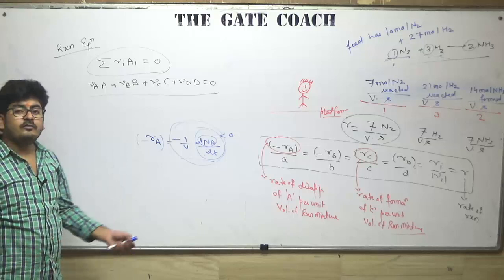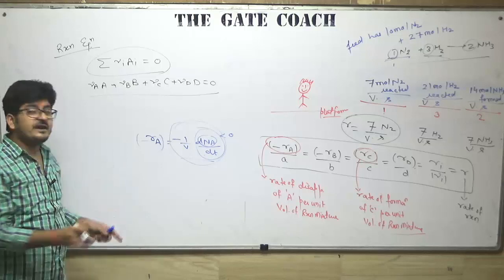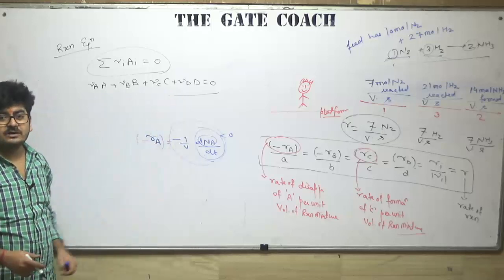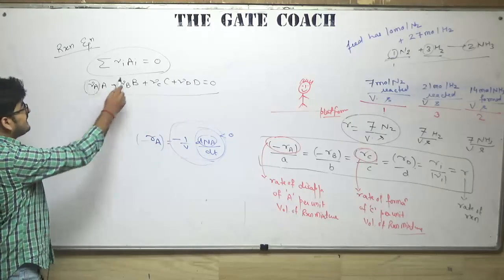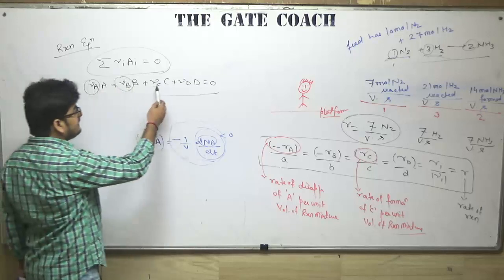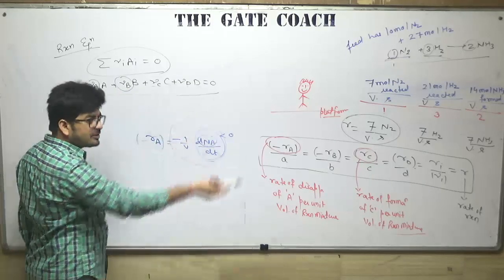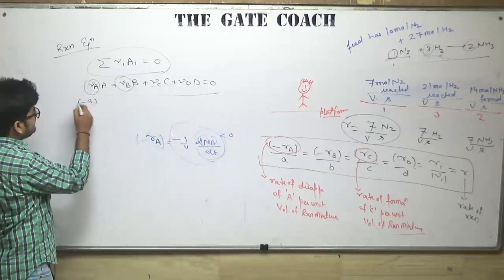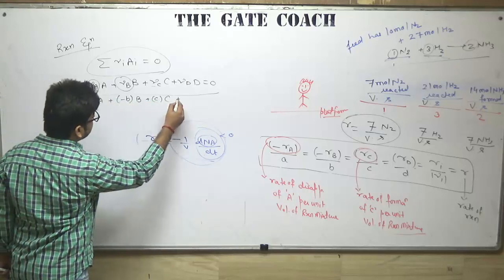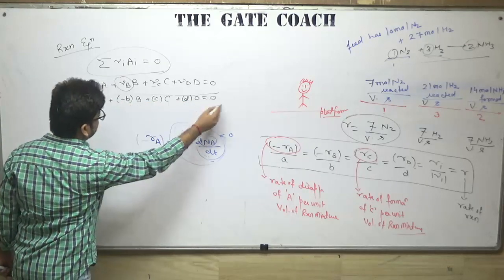Now how will you identify? How will the software identify which component is a reactant or a product? If this is negative, it means A and B are reactants, and if this is positive, it means C and D are products. For example, minus A, minus B plus C plus D. Now just solve this.